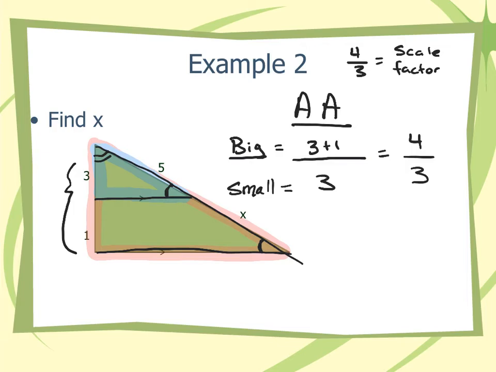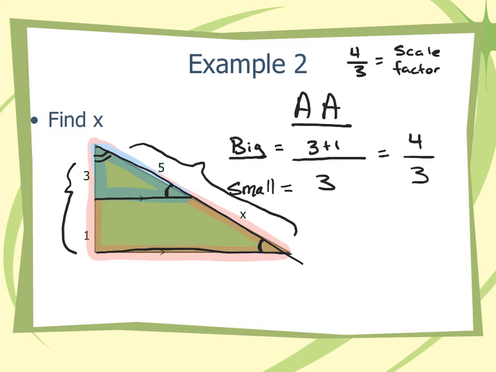So now we solve for x, and basically it would be set up as 5 plus x over 5. Okay, so she's taking a look at this side right here. And she's saying, how long is that side?